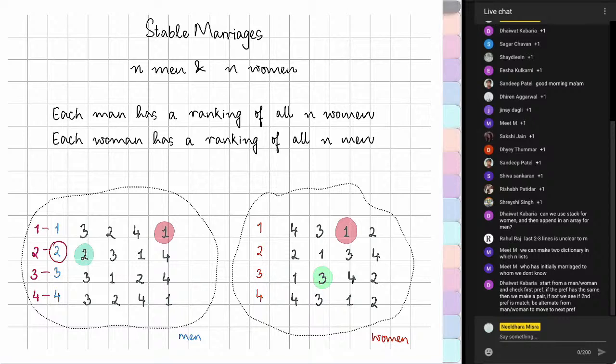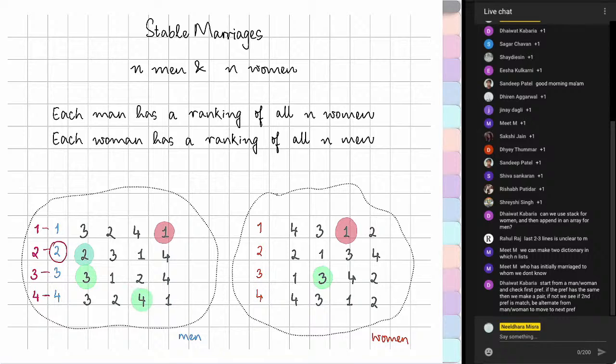So if 1 and 3 discover, or find out, that they like each other more than they like their current partners, right? Let me point out again that 3 is currently matched to 3, and 4 is currently matched to 4.